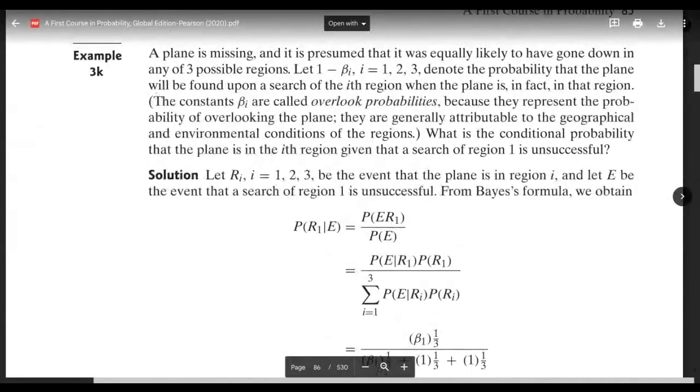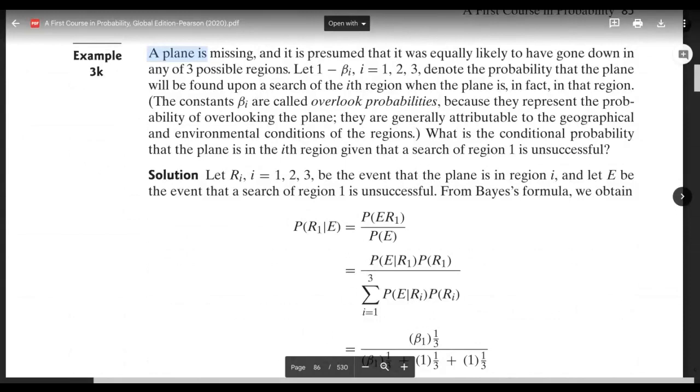A plane is missing, and it's presumed that it was equally likely to have gone down in any of the three possible regions. So let 1 minus beta i, for i equals 1, 2, 3, denote the probability that the plane will be found upon a search of the ith region when the plane is, in fact, in that region.